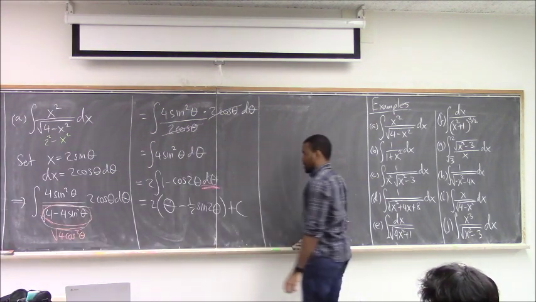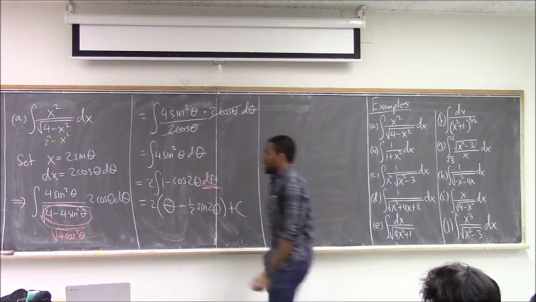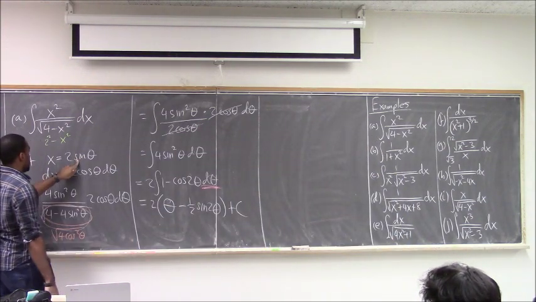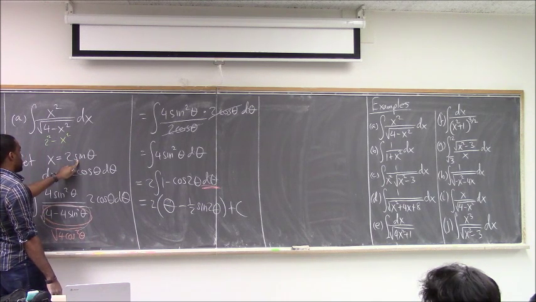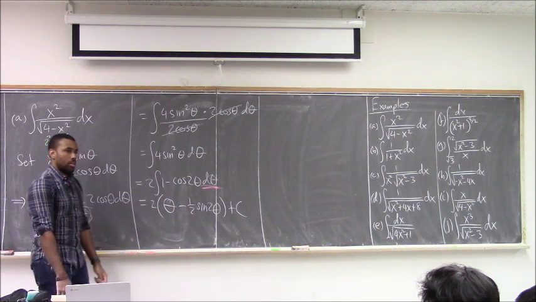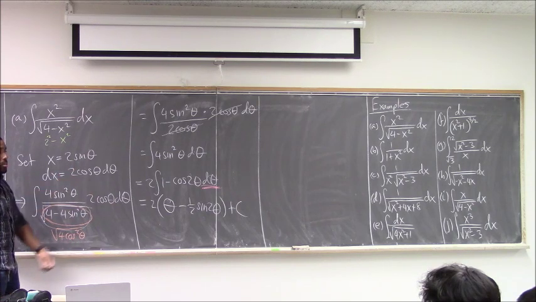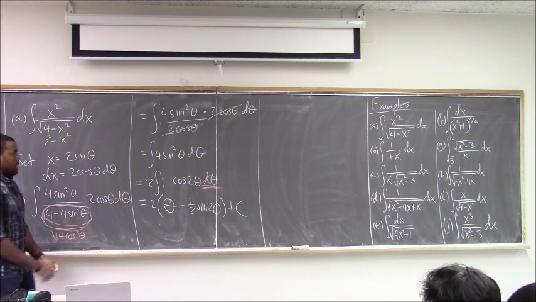How do we get this back to x's? You have to solve for theta in terms of x. My theta is going to be the sine inverse of x over 2. What about this guy? That's just x? 1/2 x? That's not x. x equals 2 sine theta, so this is sine of 2 theta.